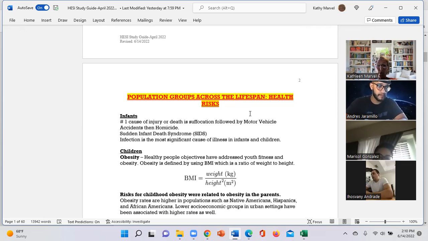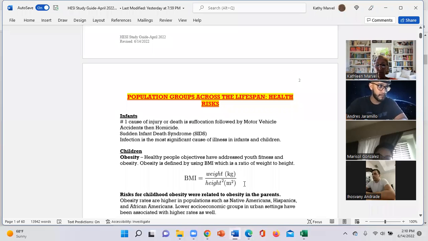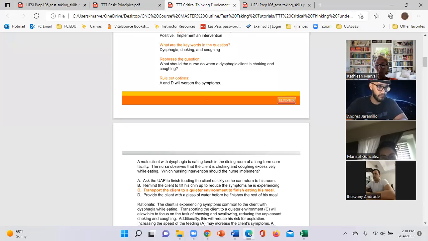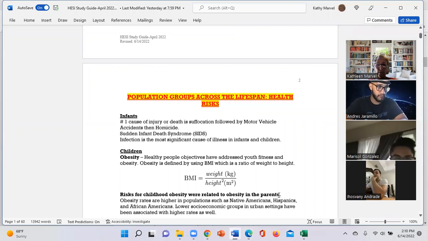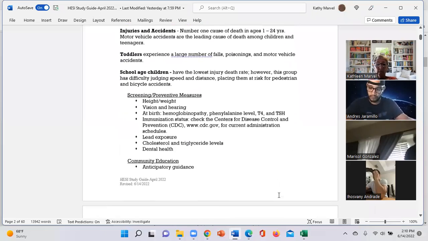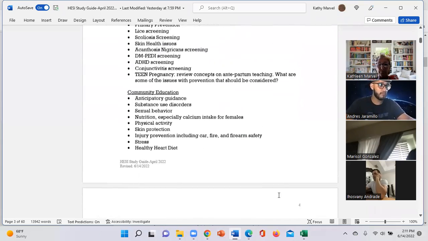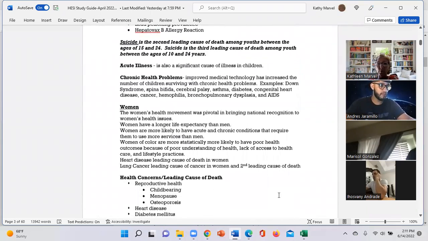It goes through the groups we talked about during the term. We talked about infants, children, school-age children, and adolescents. These are different populations, and these are summaries.